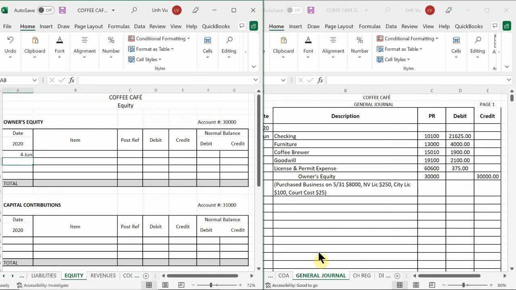We're going to enter our original investment, journal page 1, and we're going to credit, because that's what it shows in our journal. We credit our equity account by $30,000. So now you have a credit balance of $30,000.